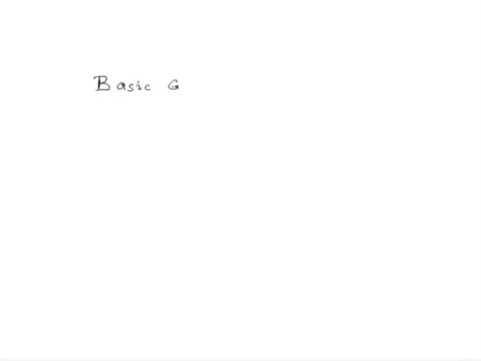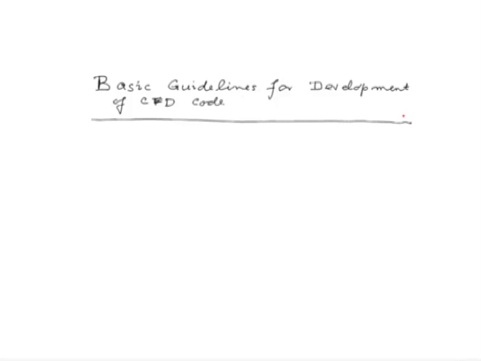Basic guidelines for development of CFD code. In fact, these guidelines are taken from software engineering, so they apply for development of any computer code, and they are equally pertinent to our CFD applications.